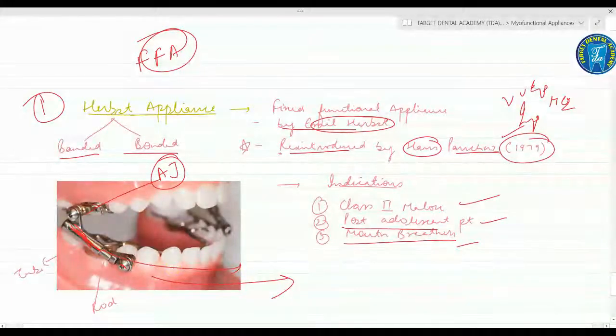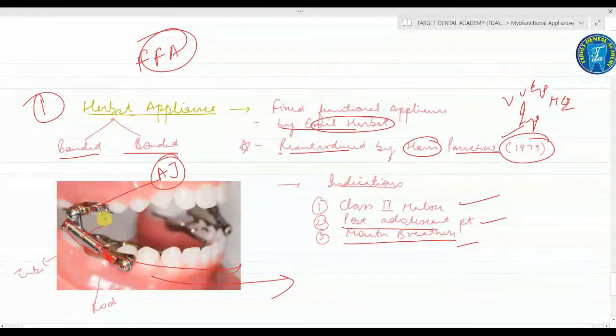So this device consists of a tube, into which the plunger, which resembles a rod, fits.